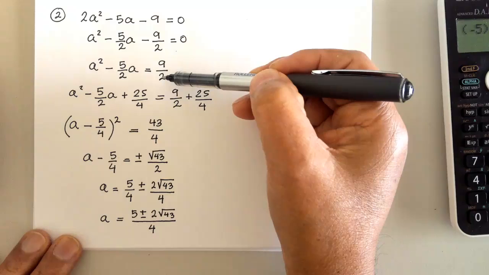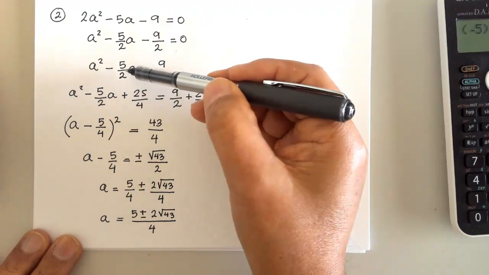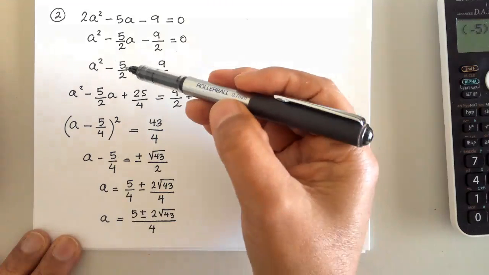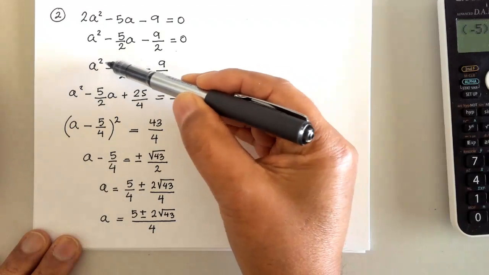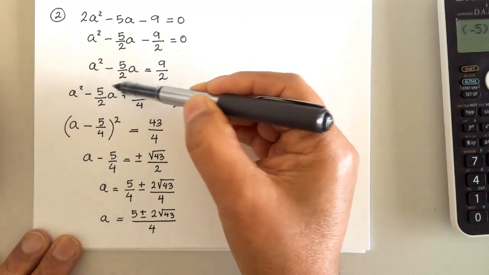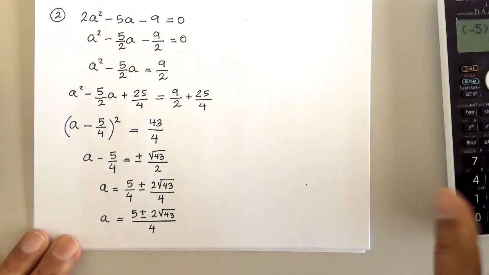And then what we did, and this is the tricky part, the one that you have to pay a lot of attention to, is divide the coefficient of the middle term by 2 and then square it.